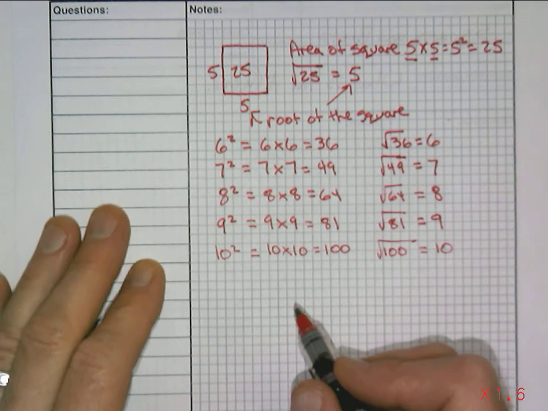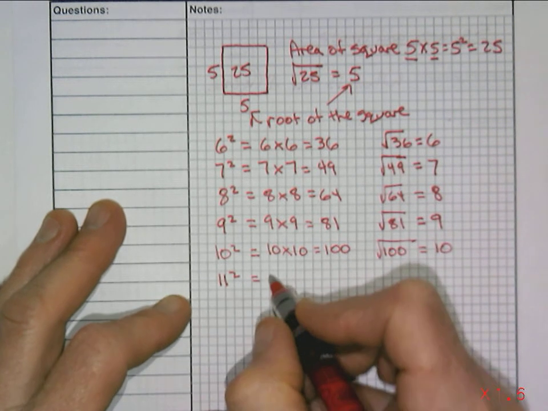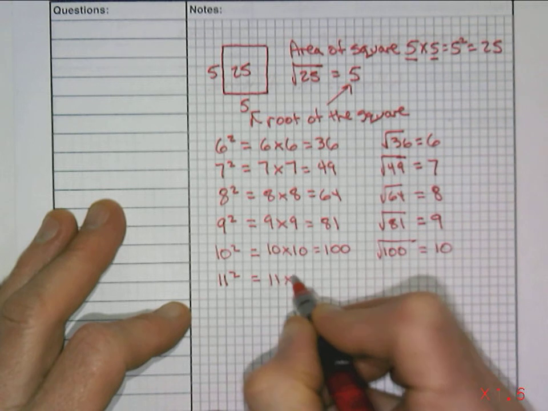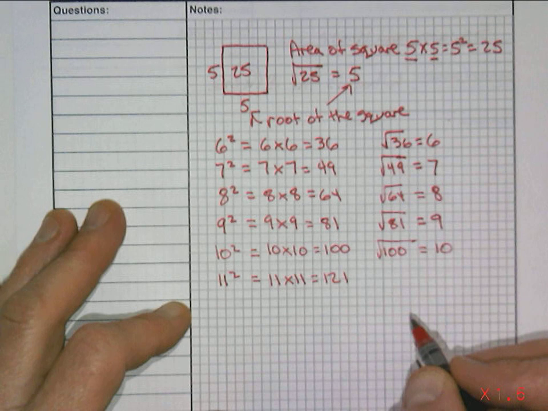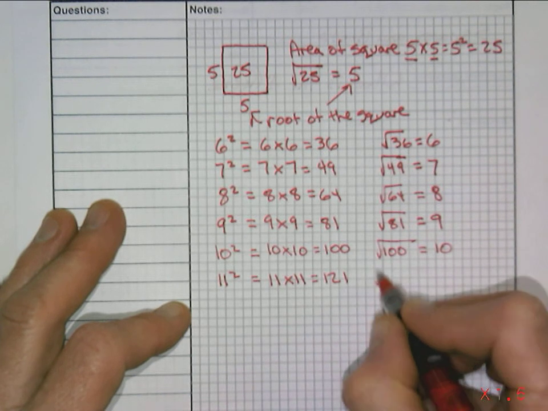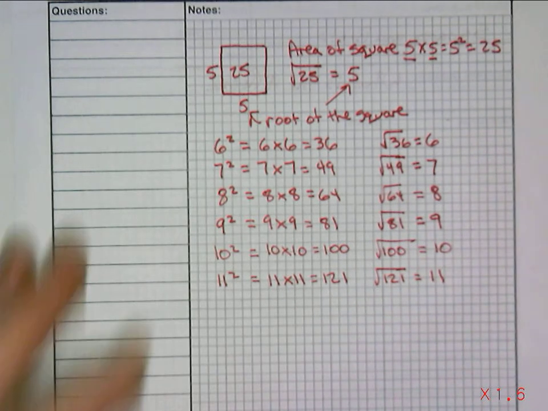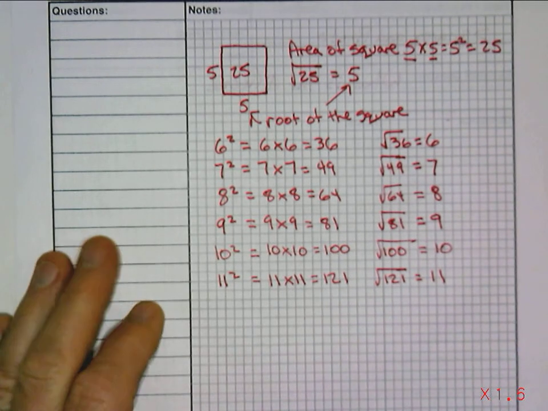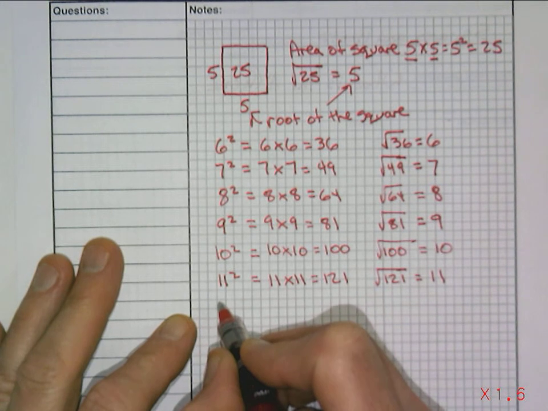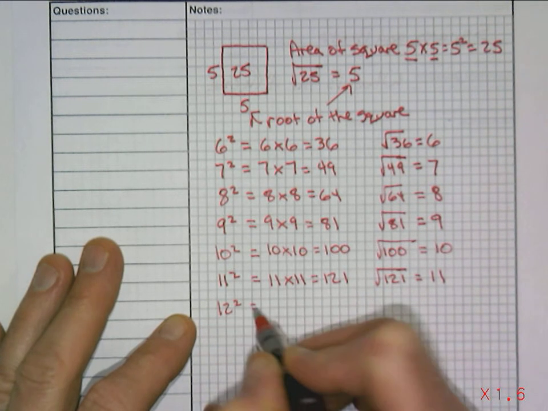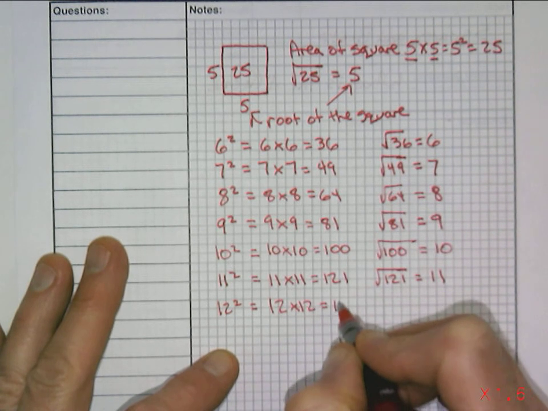They're just opposite operations. And even things like 11 squared are things that we should know. So square root of 121, when you see that number, you should know that that came from a square whose side lengths are 11. And then 12 squared, or 12 times 12, which is 144.